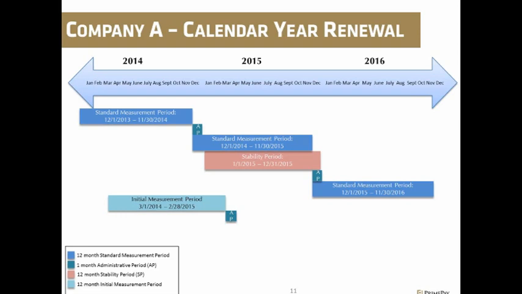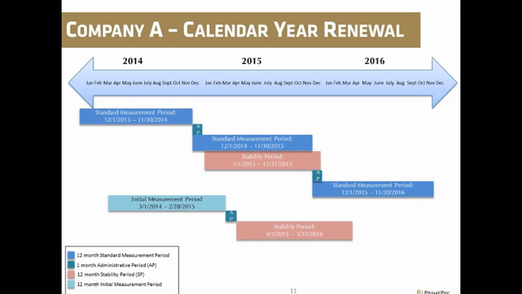Keep in mind it's only a 1-month administrative period because I cannot exceed 13 months, some fractional days, between the measurement period and the administrative period for a new hire. Lastly is the stability period for that new hire. So you see, it's a different stability period and a different measurement period.